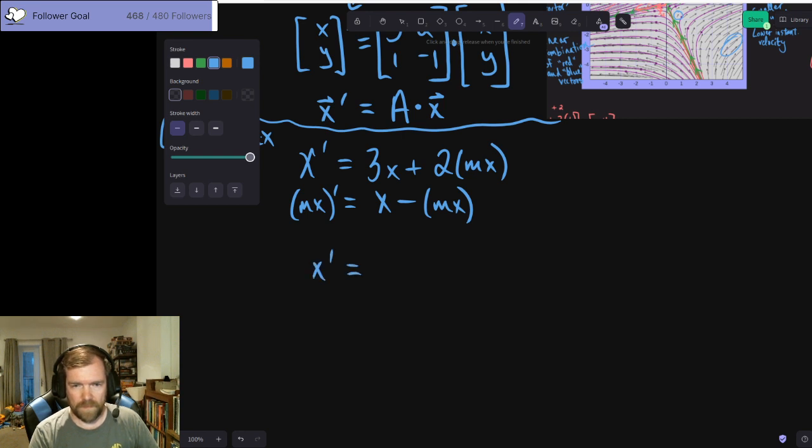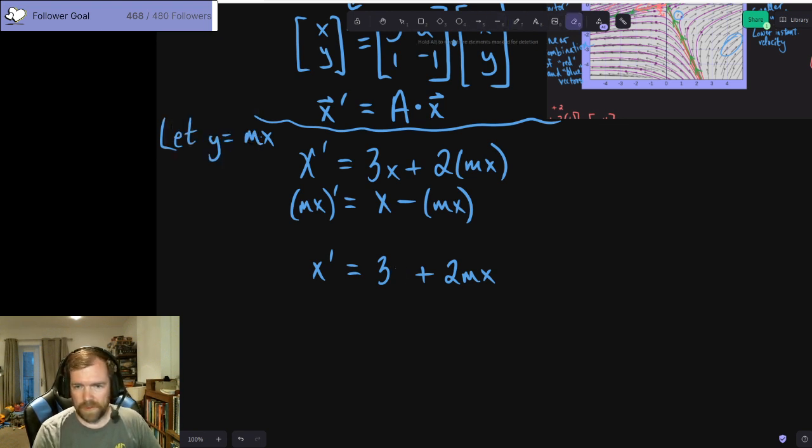So now we have two, I guess those are separable equations, so we could probably solve them and see what we get. 3 plus 2m times x. I guess at this point we can just say that's an exponential solution.